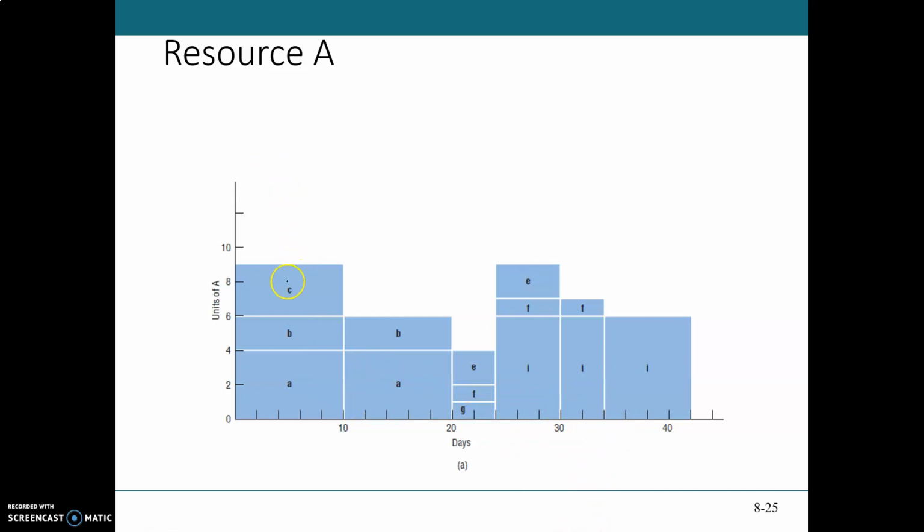In this case, you can see that this is the resource profile over here, and in this resource profile you can see that for the first 10 days we need 9 resource A's.